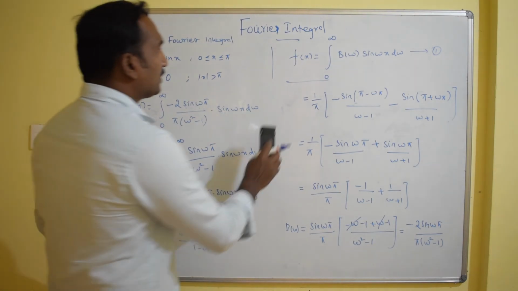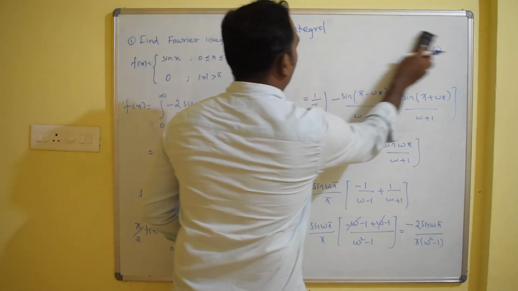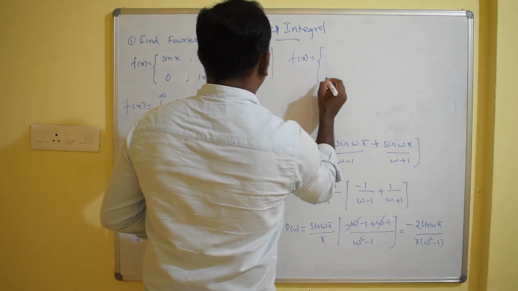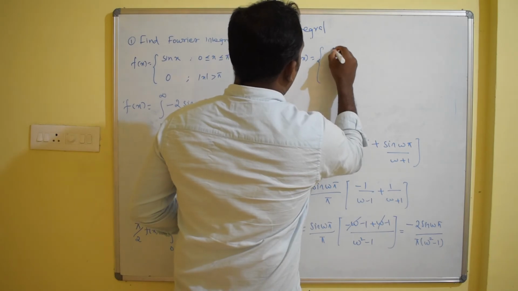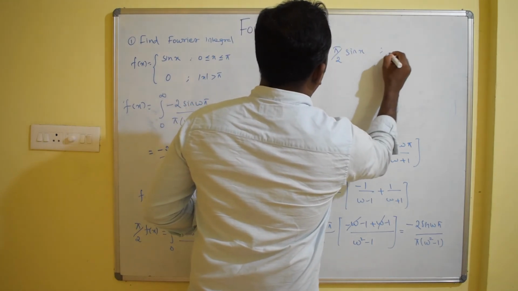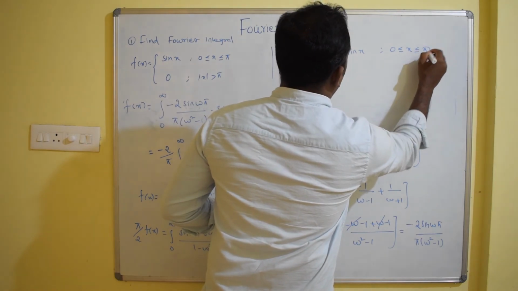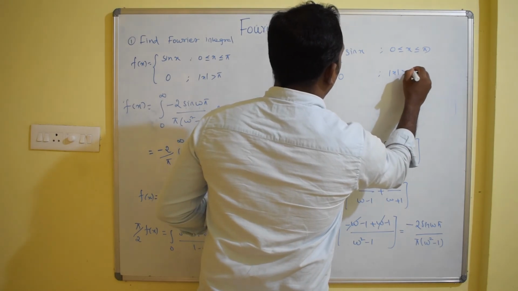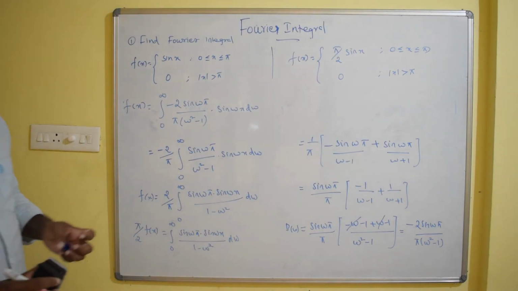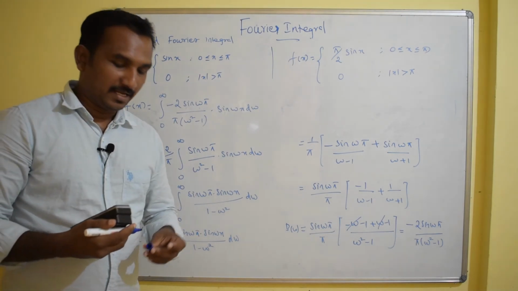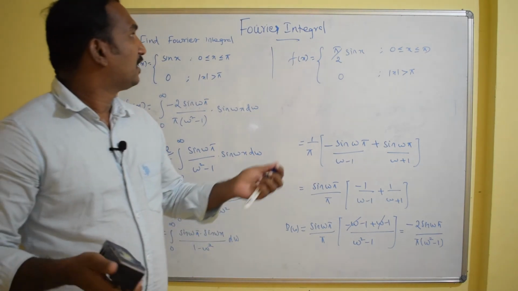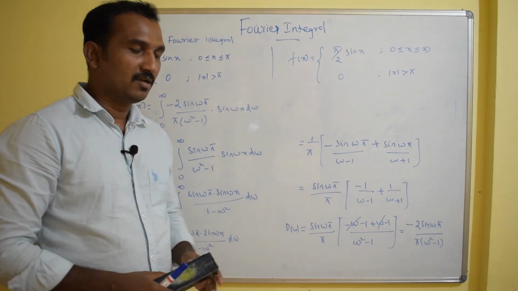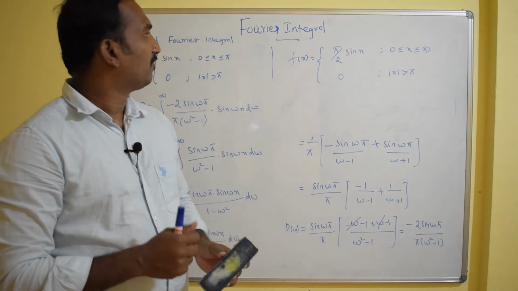So this can be written as f of x is equal to pi by 2 into sine x, for 0 less than or equal to x less than or equal to pi, and 0 for modulus of x greater than pi. This is the solution for the given function f of x equal to sine x by using the Fourier sine integral. Okay, this is the way we can solve this problem, by using the sine integral formula.